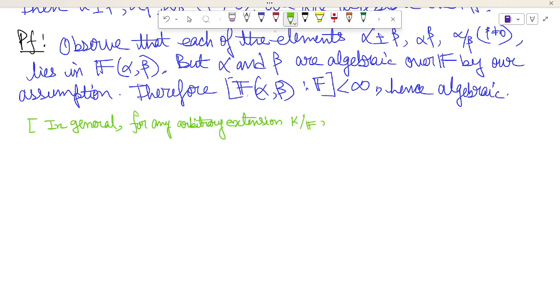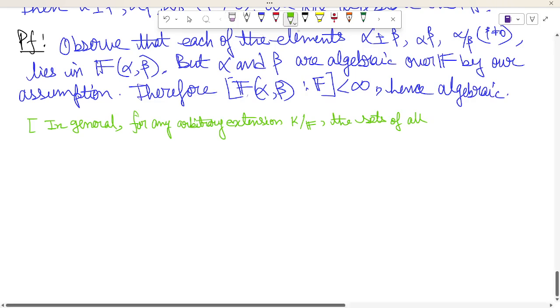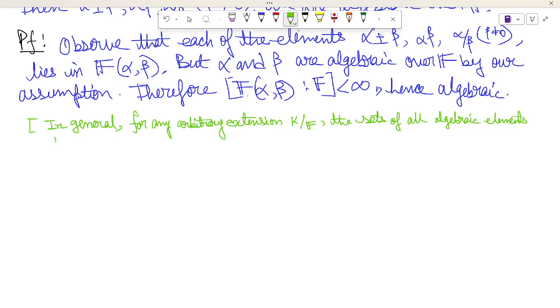It is a finite extension or finitely generated or transcendental, I don't know. The set of algebraic elements forms a subfield of K.